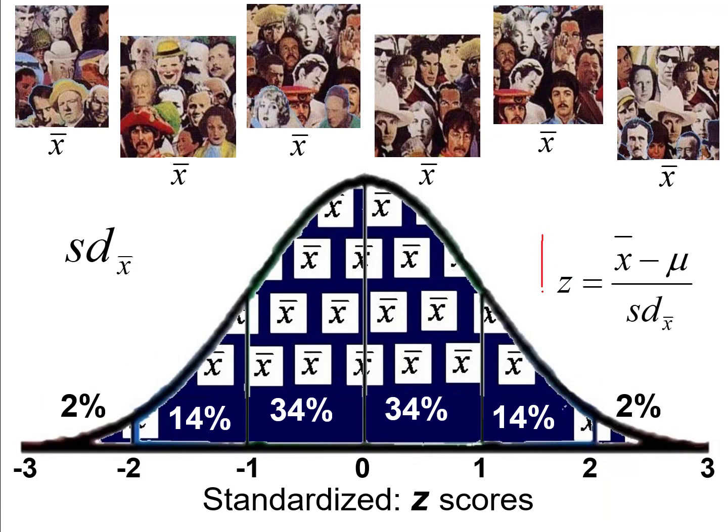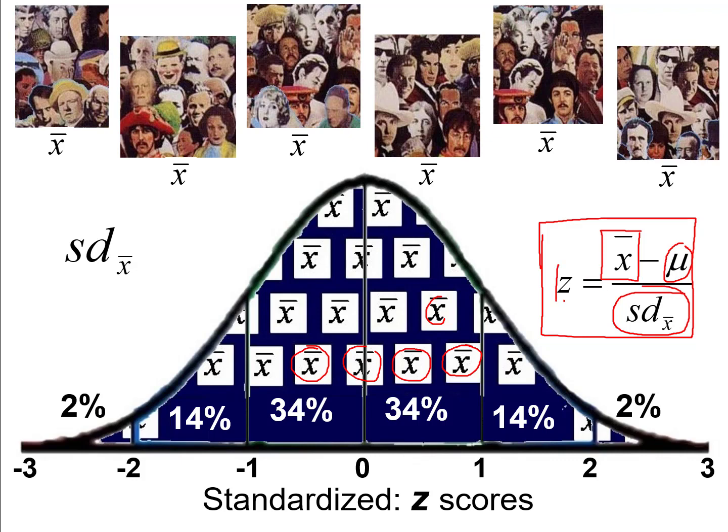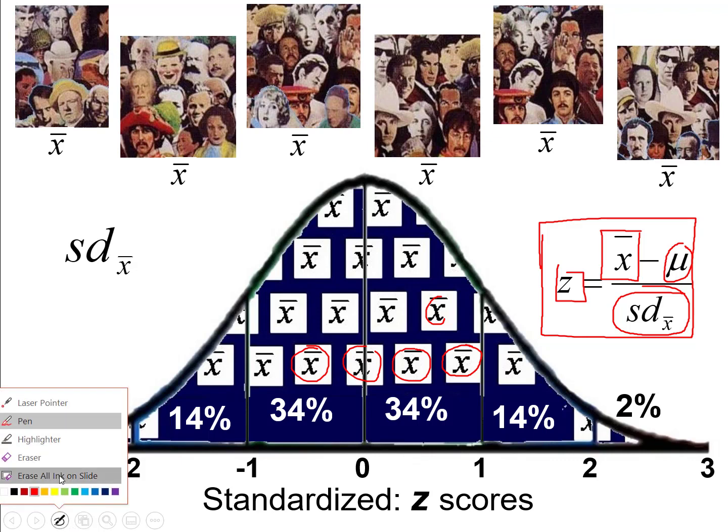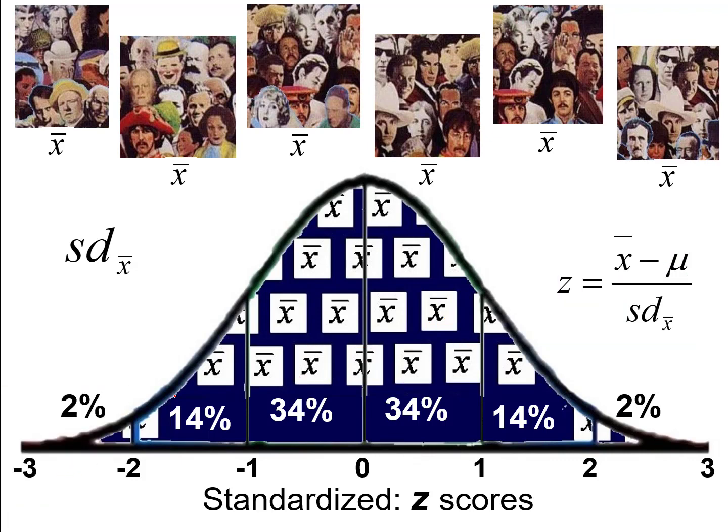So if we were to use this formula to calculate a z-statistic for sampling error in a study, for example, say we do a study and calculate the mean, and on the picture here I've got all these x bars, all these means in my sample, so we're looking at a distribution of sampling error of means. And so if I do my one study and get the mean from my study, subtract from it the true population parameter, divide it by the standard error of the mean, and I get the z value for my study, then I know the probability of making more error than that and the probability of making less error than that.